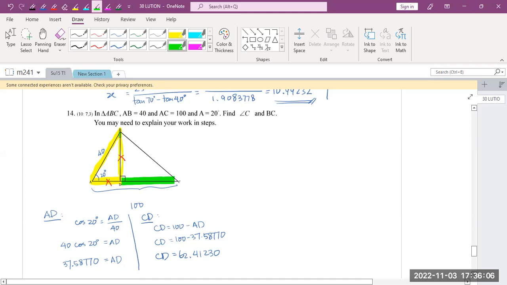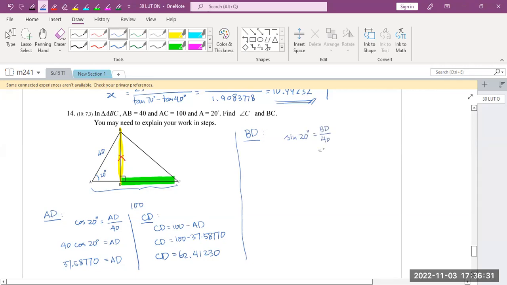Once we get BD, then we can use inverse tangent later on. So let's find that BD. Sine 20 degrees equals BD over 40.